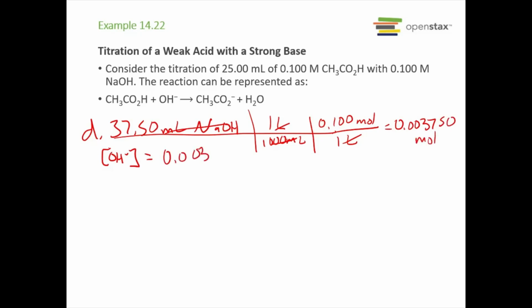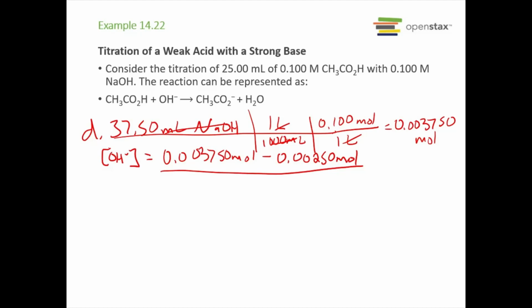So 0.003750 moles minus our moles of acetic acid, which you calculate the same way, and you get 0.00250 moles. We calculated that earlier, since that's all gone.